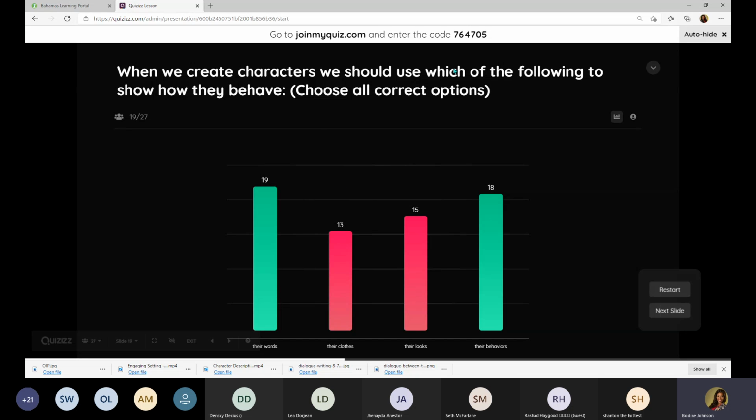It says their words and their behaviors, okay? We don't look at their clothes particularly or their looks, not for this one. So you're doing very well, grade 7.